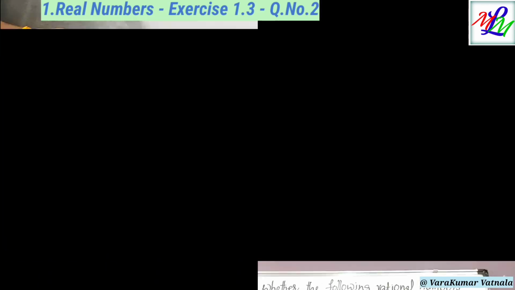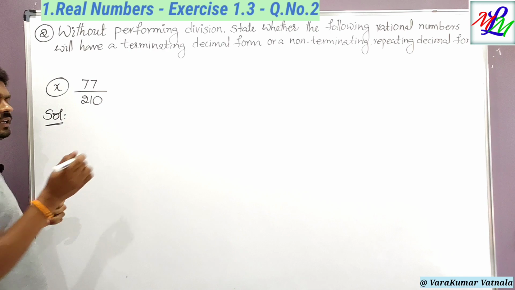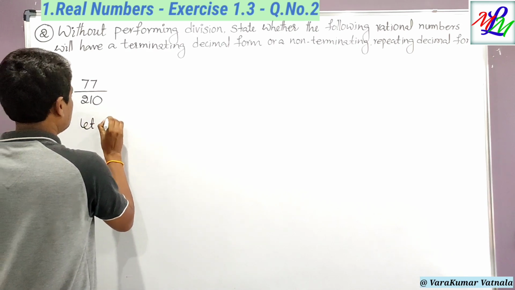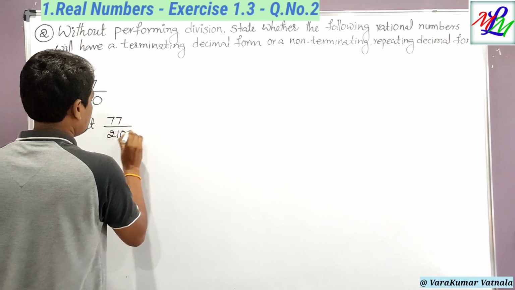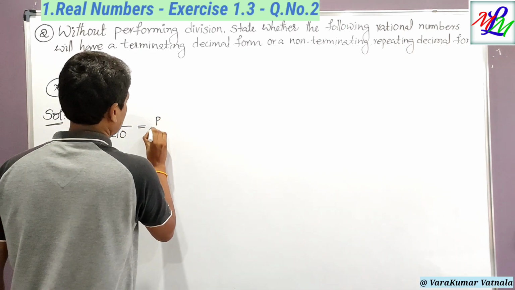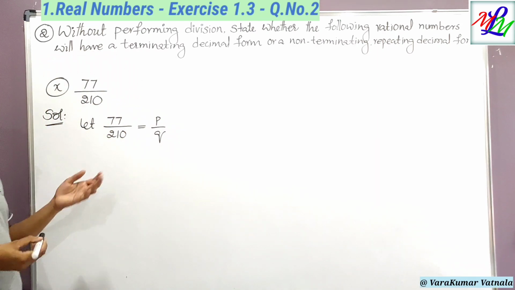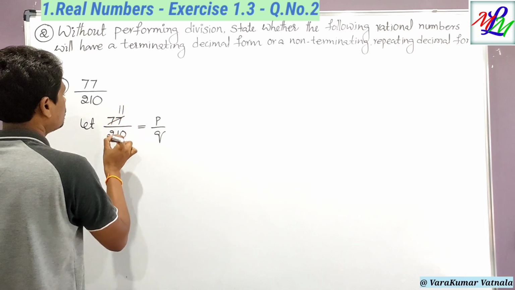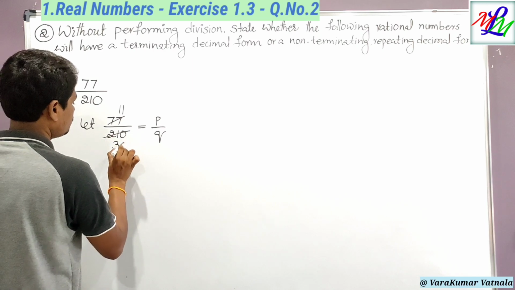Next we have to solve 10th bit, 77 divided by 210. So again let 77 divided by 210 is equal to p by q. Again you have to observe if there are common factors, you have to cancel by the common factors. Here 7 11s are 77, 7 3s are 21 and 0.